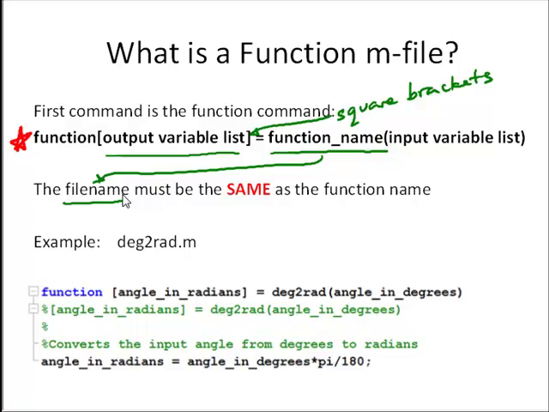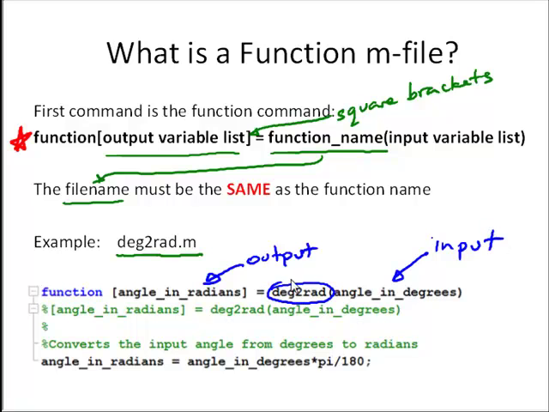So here's a simple function M file as an example. This is a function M file called deg2rad.m, and here's what that M file looks like. It has the function command with the output variable and one input variable, and the function name deg2rad is exactly the same as the file name deg2rad.